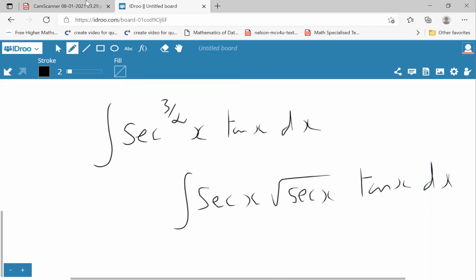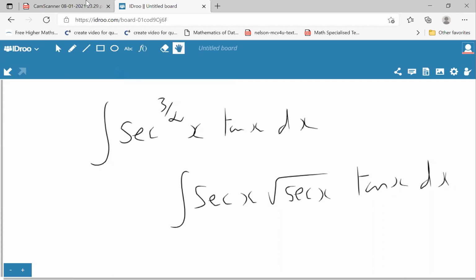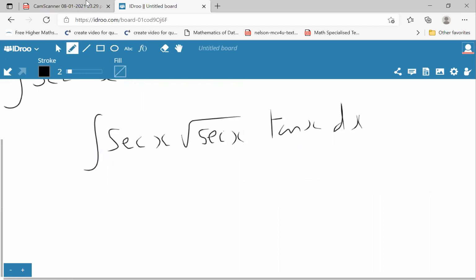So 1 plus half is 3 by 2, right? So I'm splitting secant to the power of 3 by 2 x as secant x into root of secant x tan x. All right.